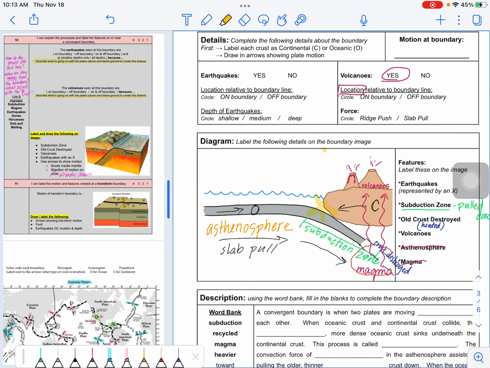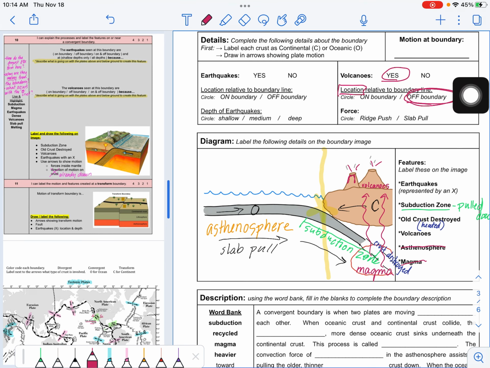When I look at that location, I notice that those volcanoes aren't right where the two plates come together, but they're rather off the boundary line. And these are some of the most explosive type of volcanoes. So I've got volcanoes off the boundary.